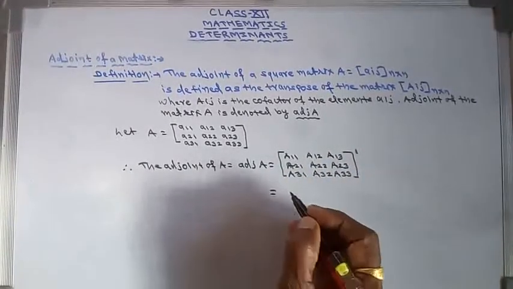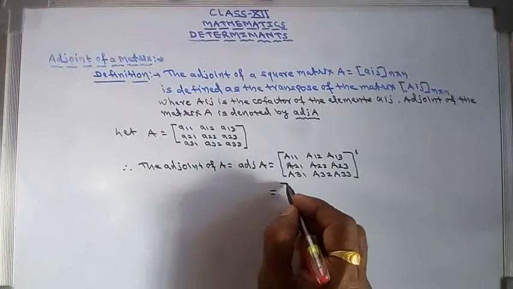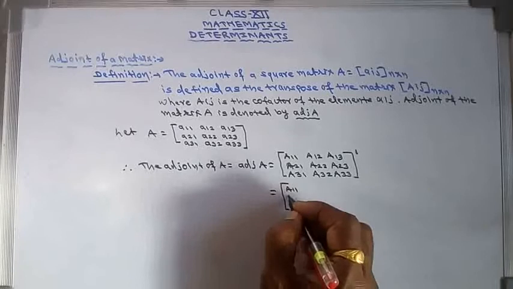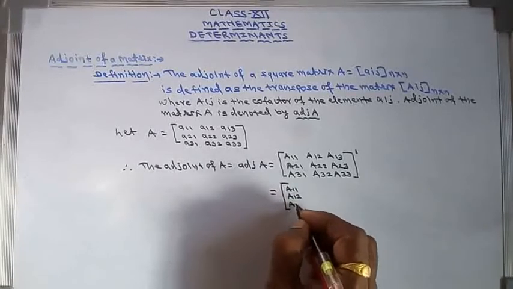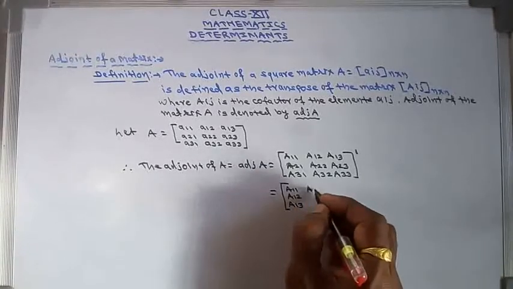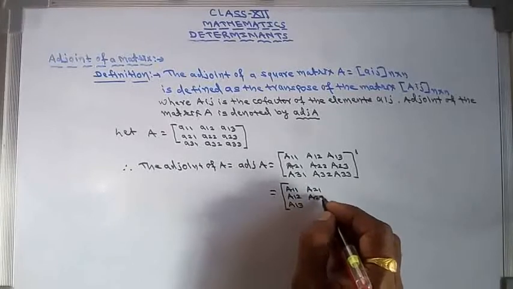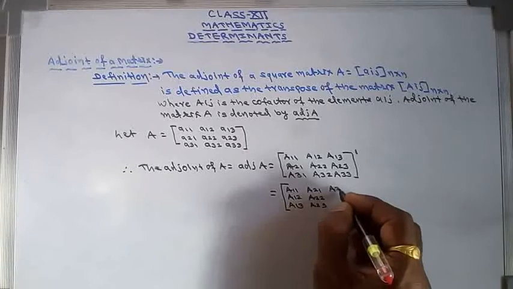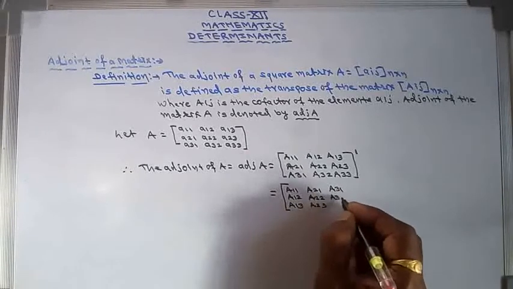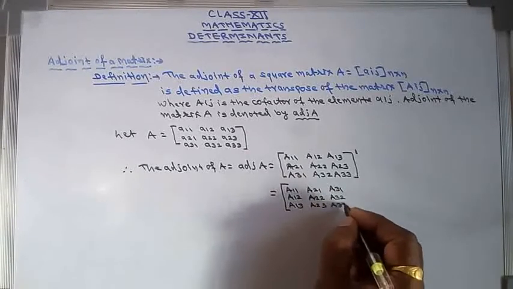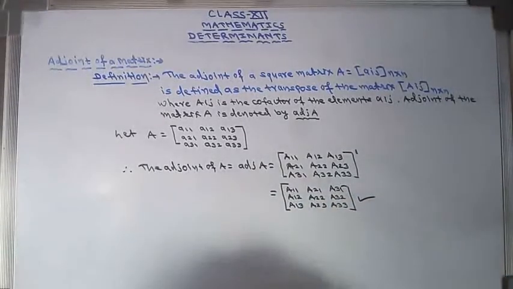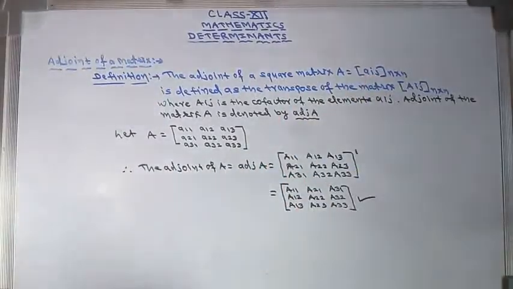So you will get here, the first row becomes the first column. So A11, A21, A31, A12, A22, A32, A13, A23, A33. So this will be the adjoint of the given matrix, this Aij matrix.